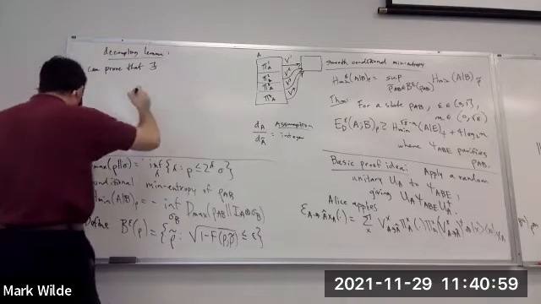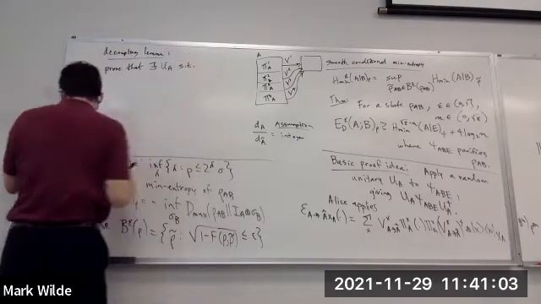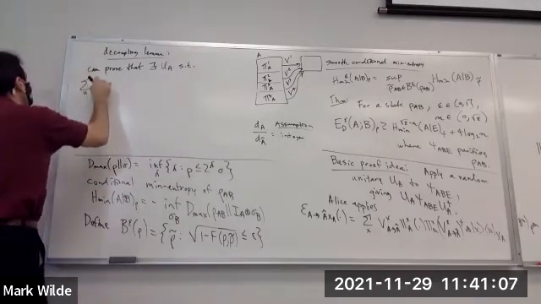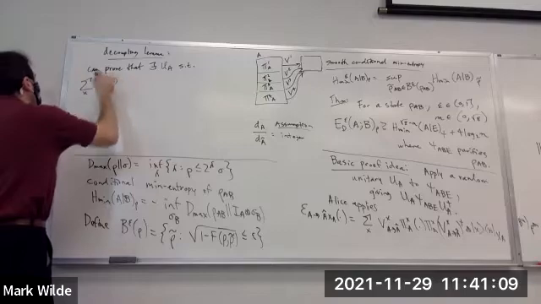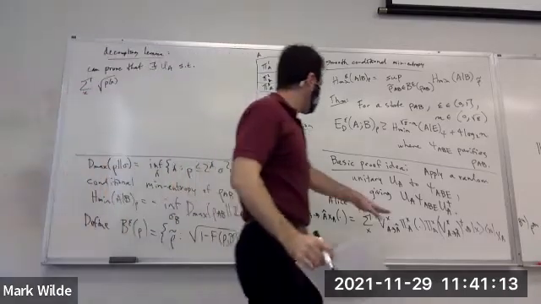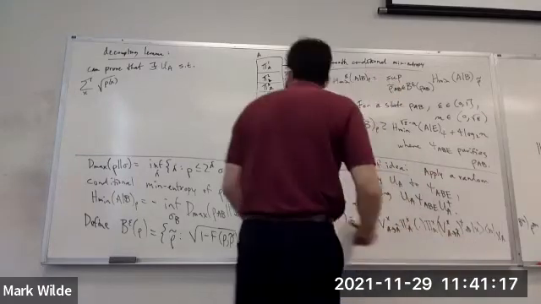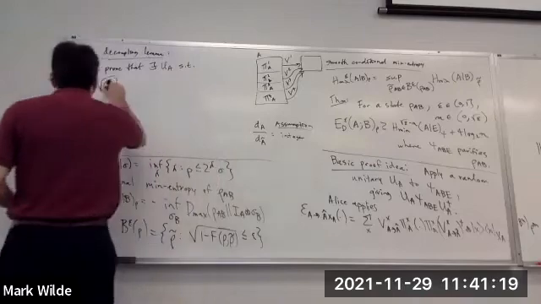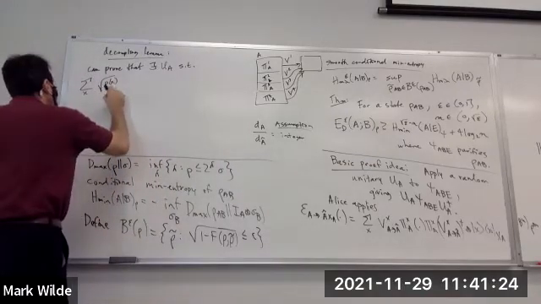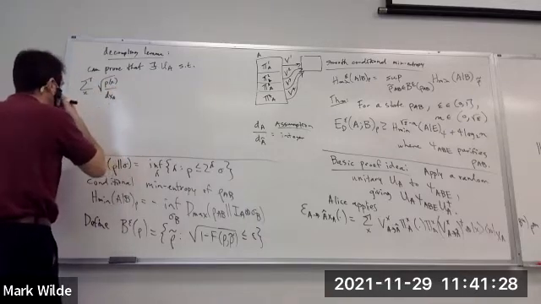So there exists a choice of unitary, U, such that Px will be the probability that you get outcome X when you do all this stuff in the actual state of the protocol. And this is the dimension of the classical system.